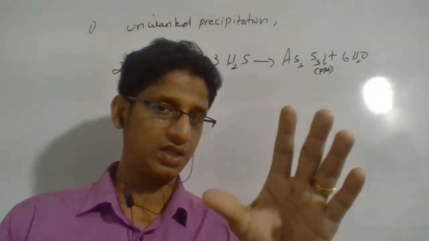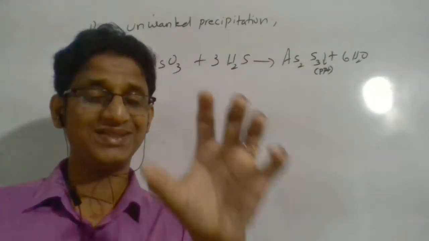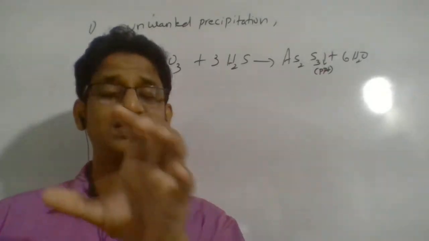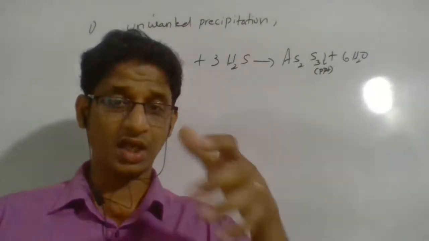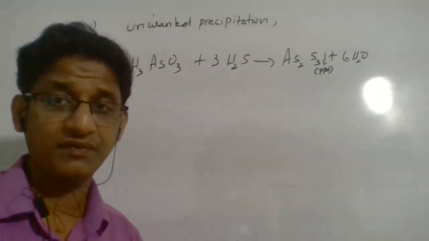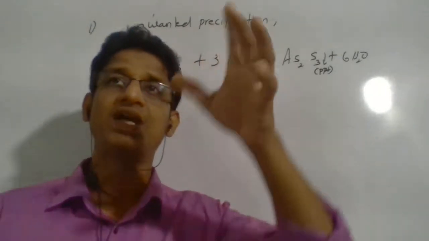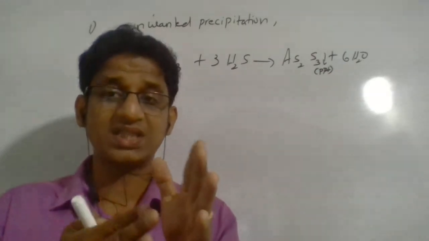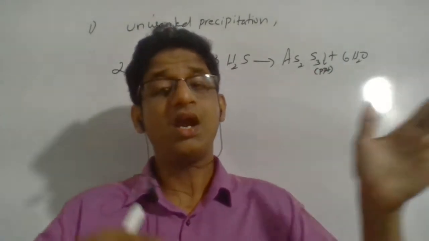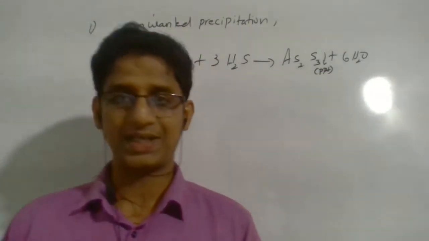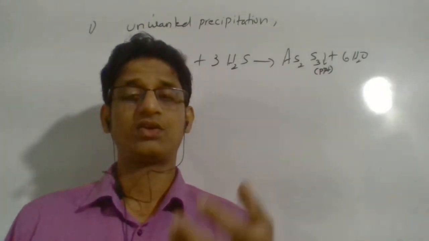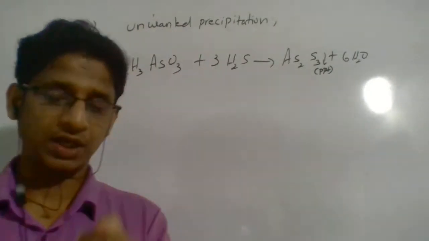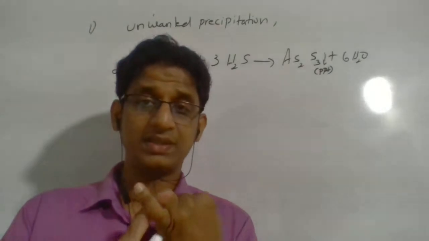First you identify anions, and if these interfering anions that I told are present, it's very important that the anion be eliminated before you go into the cation analysis, because they cause interference in the cation analysis.